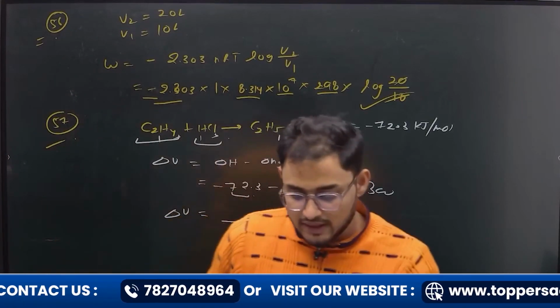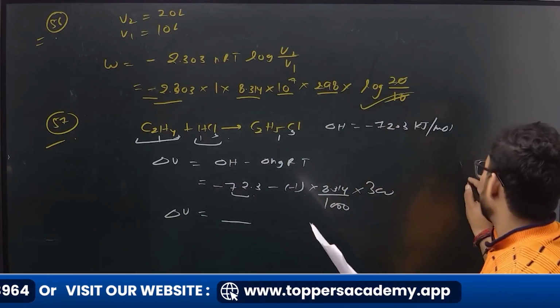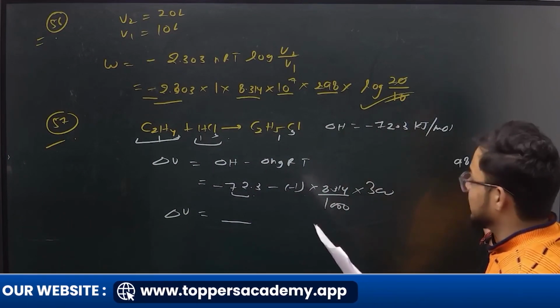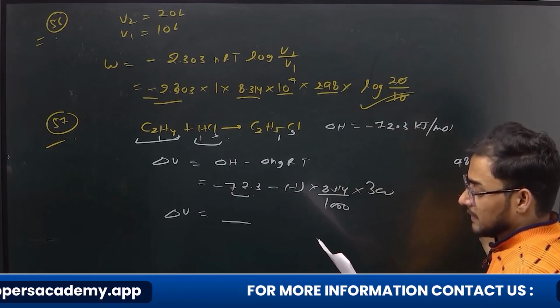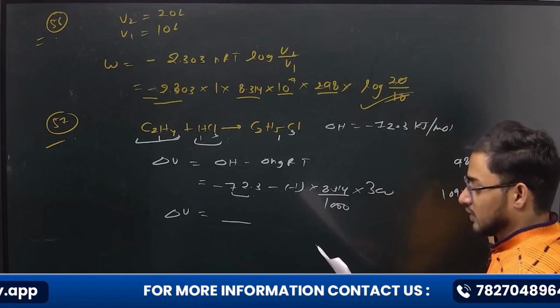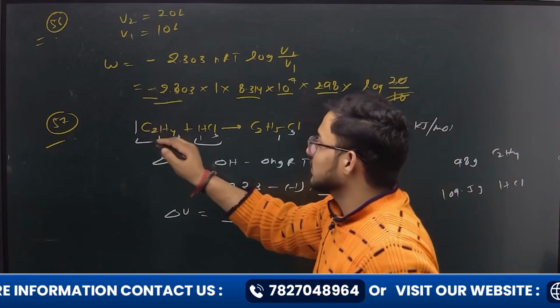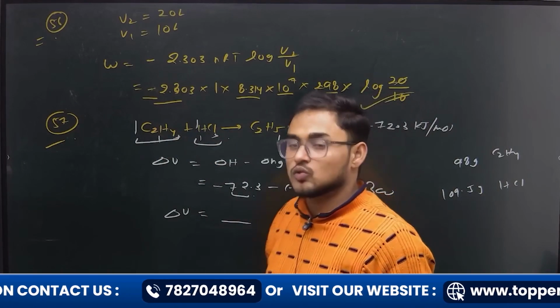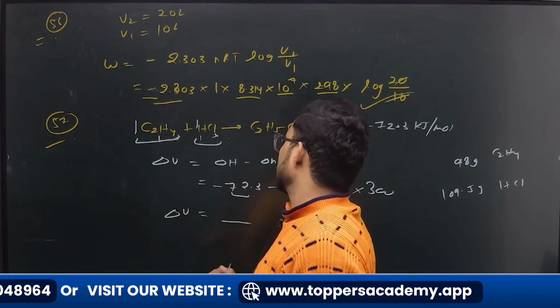Now he is saying that exactly 1 mole is not reacting. 98 gram of C2H4 and 109.5 gram of HCl is being reacted. Now you see 1 mole of this reacts with 1 mole of this. 2 moles of ethene will react with 2 moles of HCl. 3 moles of ethene will react with 3 moles of HCl.